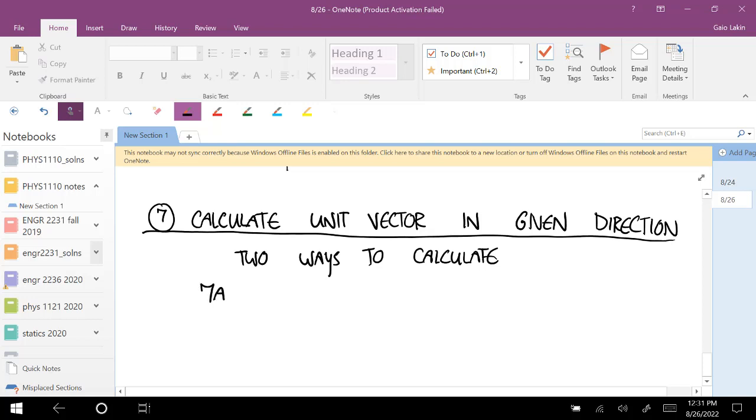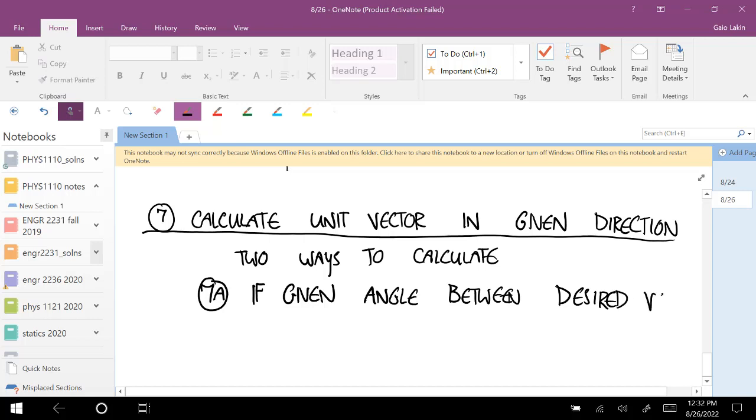The first one is if you're given an angle between the desired vector and some reference line.